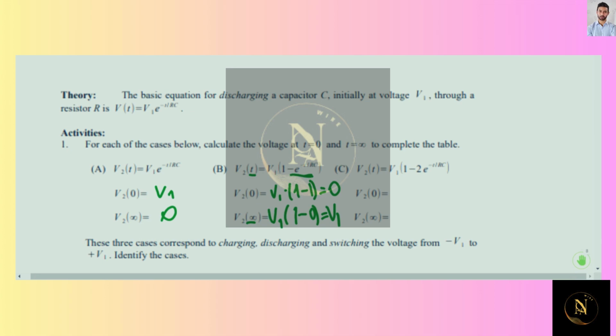In question C, we see that it's 1 minus 2 exponents. Therefore, when time equals 0, the equation becomes V1 multiplied by 1 minus 2 multiplied by e powered by negative 0 over RC. So the exponent equals 1.